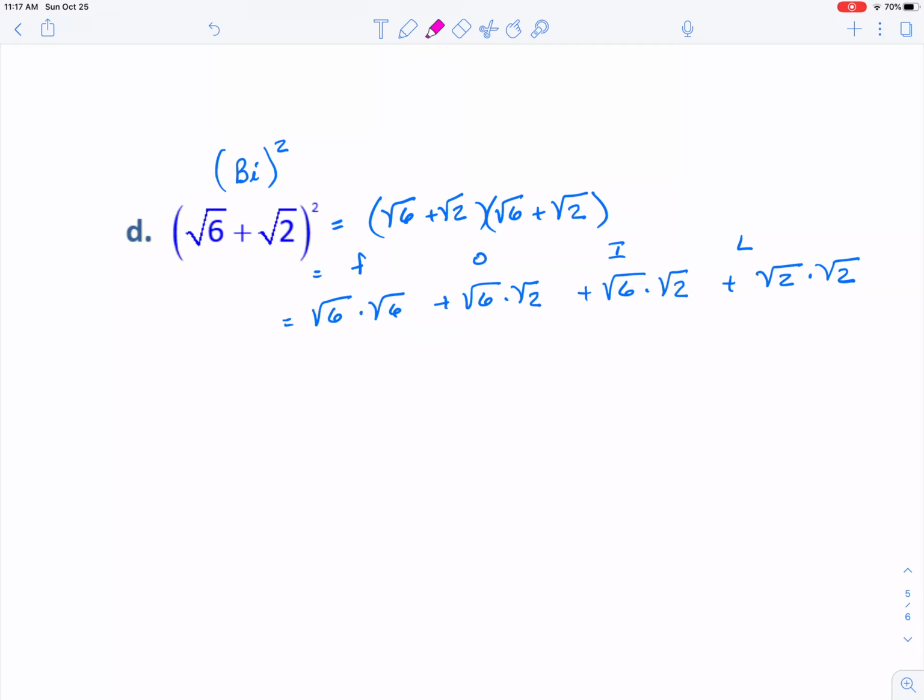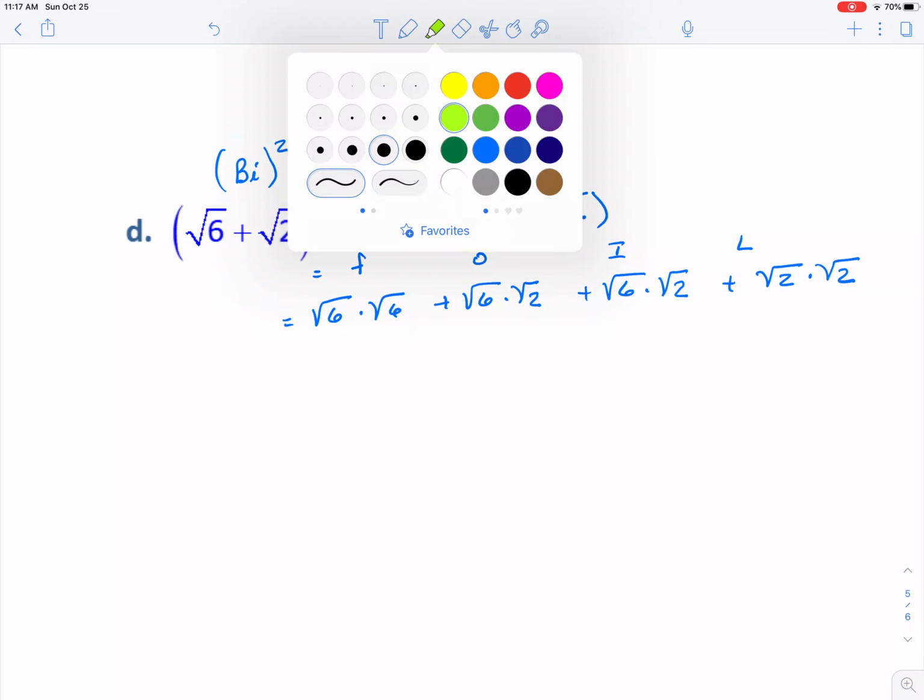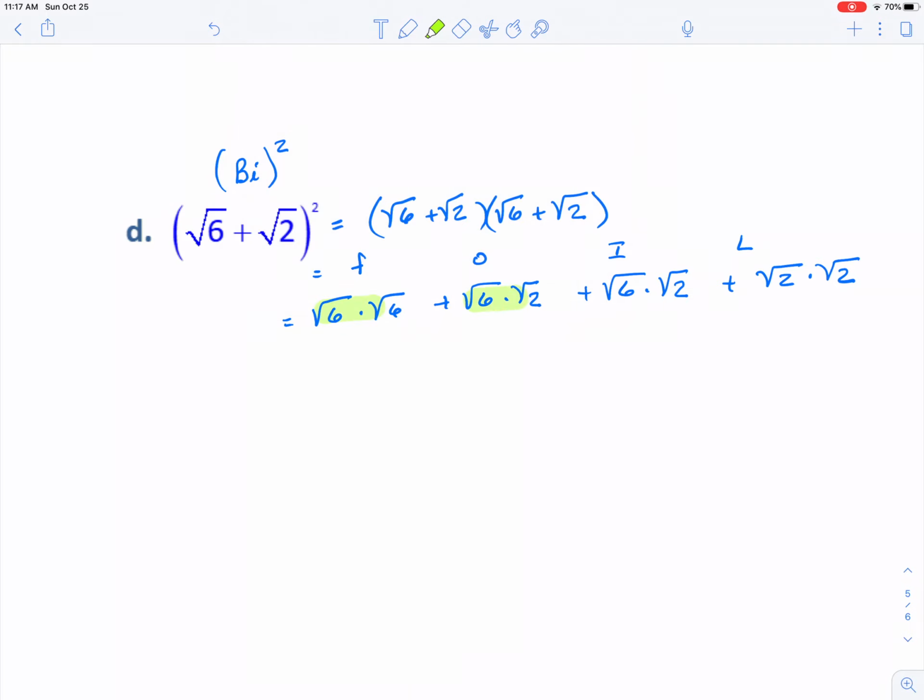So again, 1, 2, 3, 4 terms. All right, let's see what we can do. Square root of 6 times the square root of 6 is 6. I'm going to go ahead and split that 6 up.